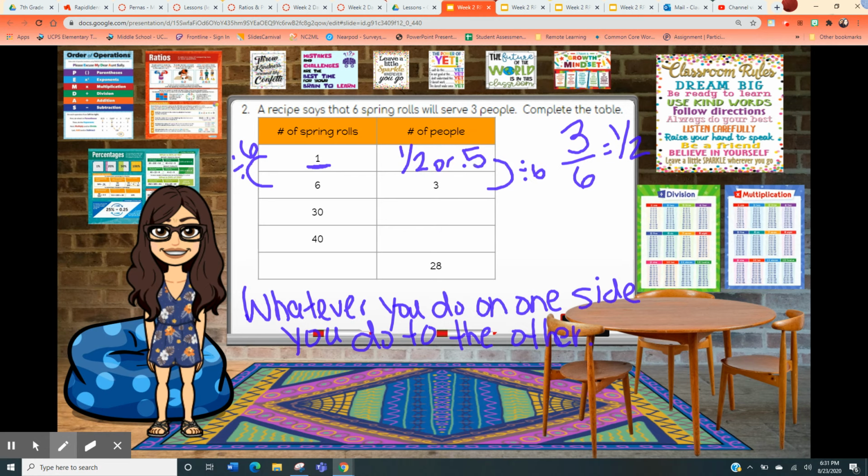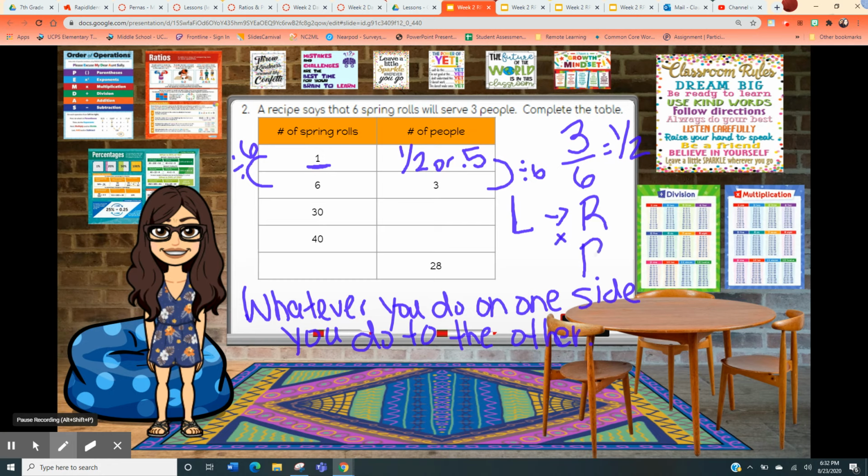So now I want to do the same thing all the way down. So I got to think about it. 1 spring roll feeds half a person. Okay, so let's see, what can we do? Remember, from the left to the right, we're going to multiply.